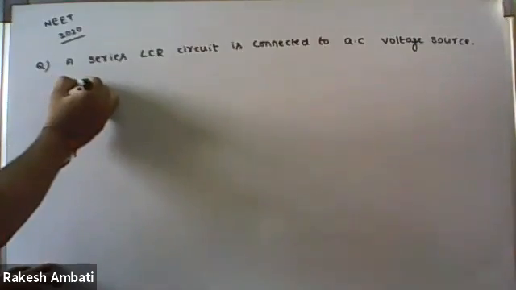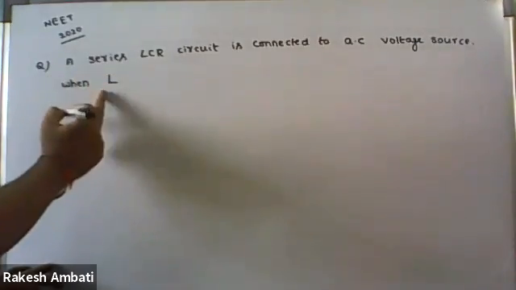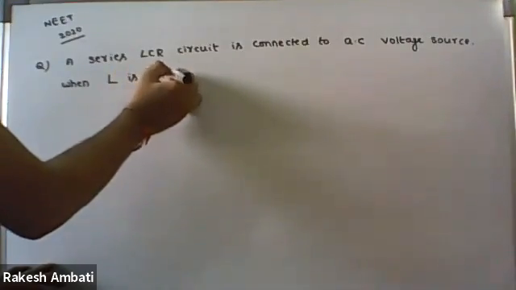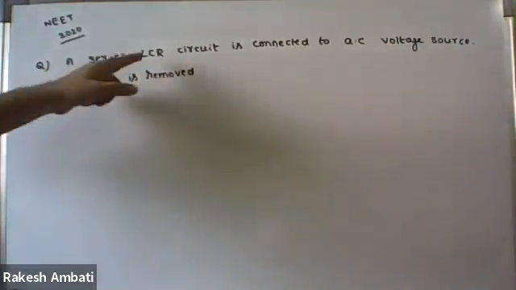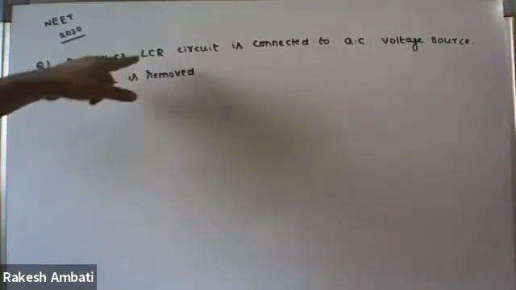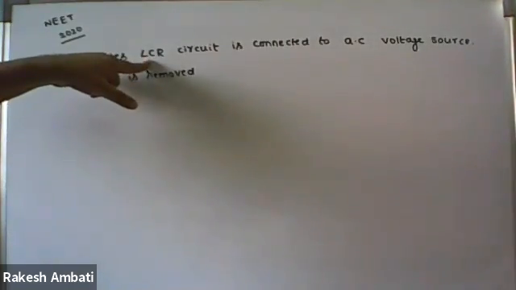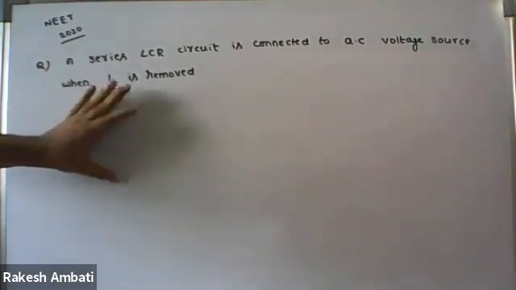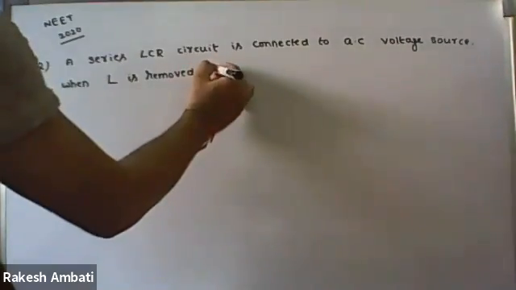When L, meaning inductance, is removed from the LCR circuit, please answer, what does the circuit become? A CR circuit. Yeah, write down.